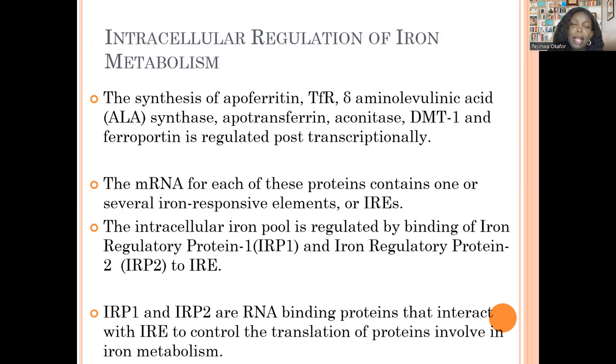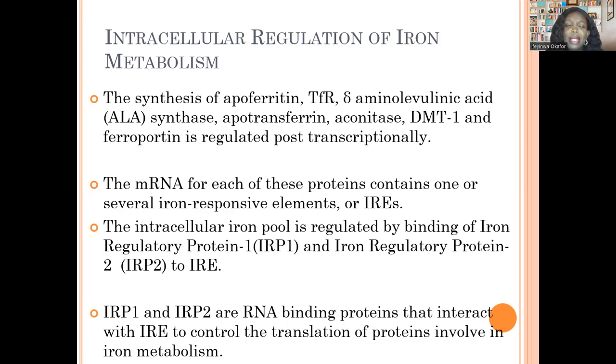Remember what I said earlier, that the synthesis of apoferritin, transferrin receptor, delta-aminolevulinic acid synthase, aconitase, divalent metal transporter 1, and ferroportin are all regulated post-transcriptionally.